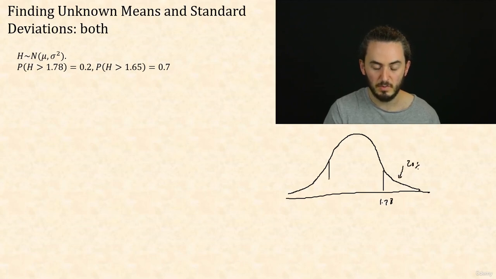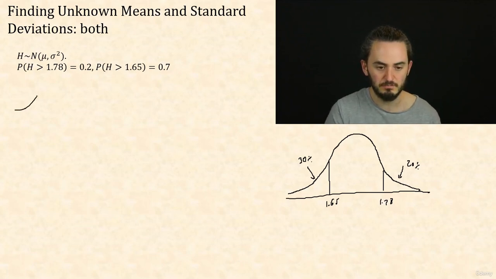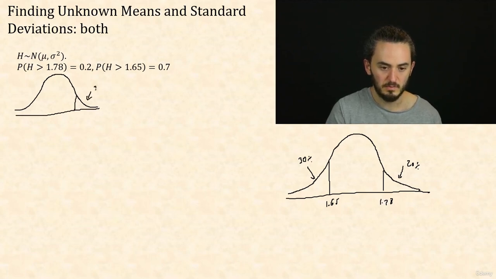And 1.65 was here, and that was the top 70%, but the bottom 30%. Okay, now we're going to use our standardized model as usual. So a little sketch of that. And we want to find where's the top 20% and where's the bottom 30%.